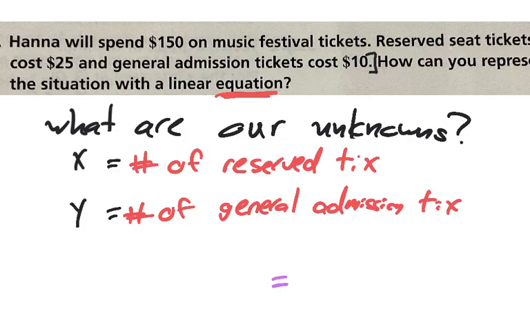So somebody did 6 times 25 is 150. That was my total. Or we could take the number of general admission tickets, multiply it by 10. See where I'm getting these terms from? 25x and 10y.